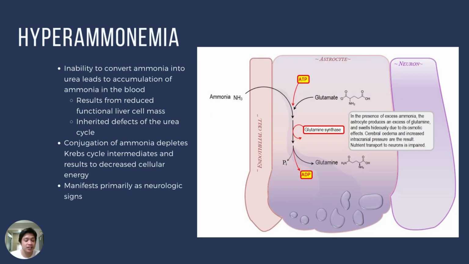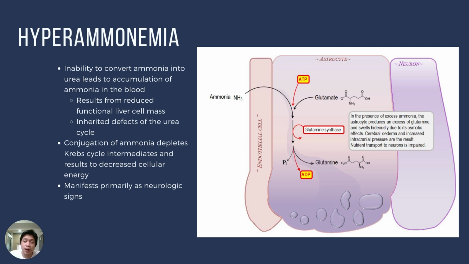And lastly, let's discuss the clinical application of the Krebs cycle in hyperammonemia. So, remember that ammonia is a toxic product. Particularly, ammonia is produced from the deamination of amino acids to liberate energy.